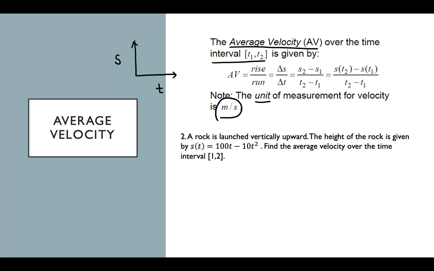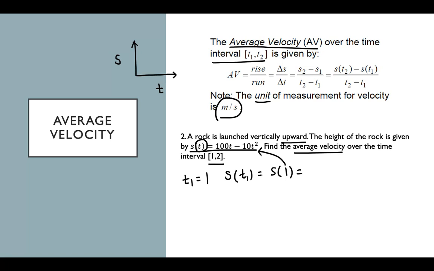Example 2. A rock is launched vertically upward. The height of the rock is given by this, and they're saying find the average velocity given the interval 1, 2. Same thing. The function is in terms of t. So t1 is 1. Let's plug in s when t1, which is s of 1.